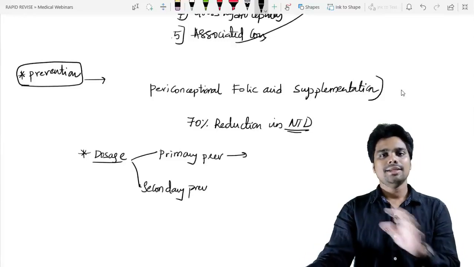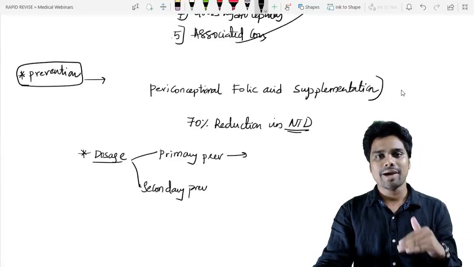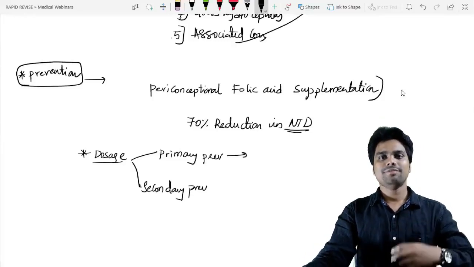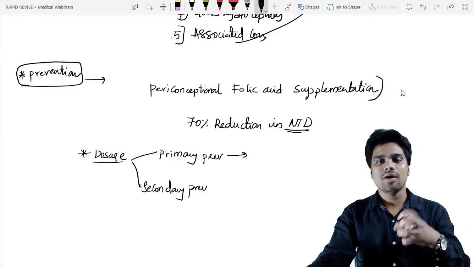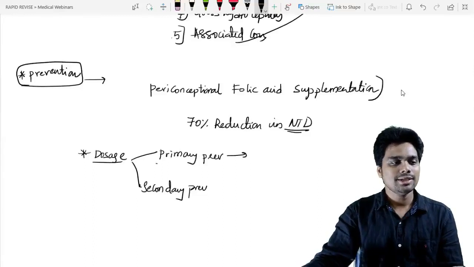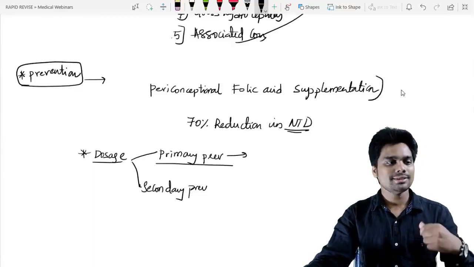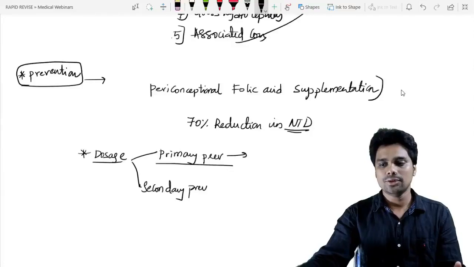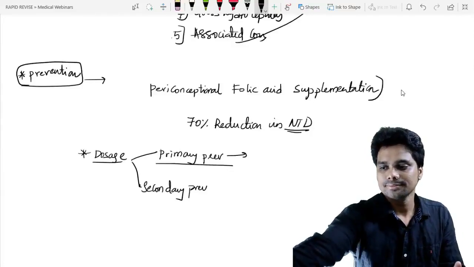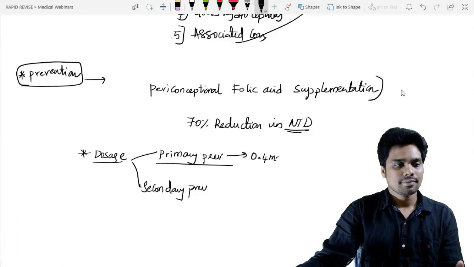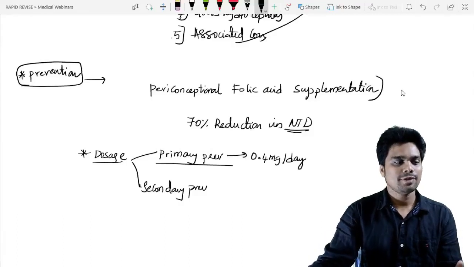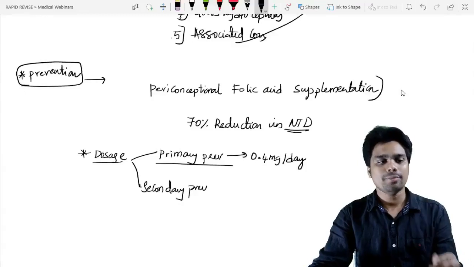Primary means there is no history of neural tube defects in the family, or this is the first pregnancy, or if the previous pregnancy is uneventful. In all these situations, there is a supplementation of folic acid, and the dosage is 0.4 milligram per day. So what is the dosage for primary prevention? It is 0.4 milligram per day.